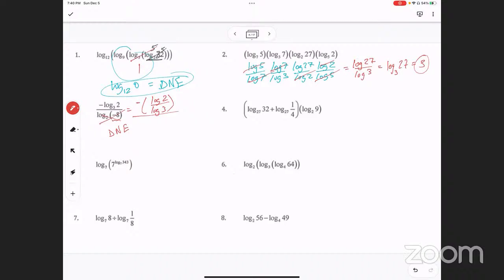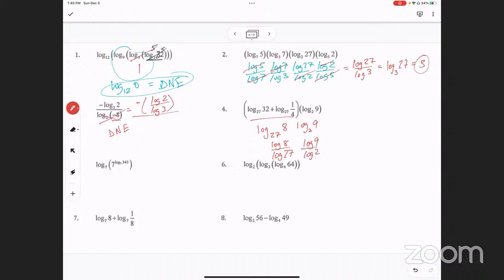Okay, back to number 4. We can combine these together. So that's log base 27 of, remember, you multiply them. So multiplying them would be 8 times the log base 2 of 9. So now we can convert these. Let's see if this will help us. Log base 8, I'm doing change of base, over log of 27 times log 9 over log 2.